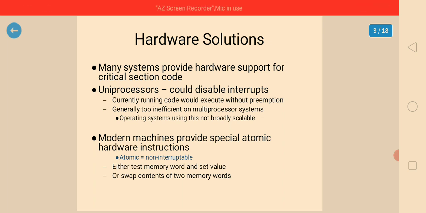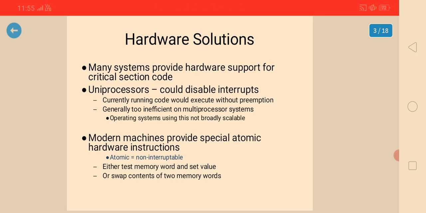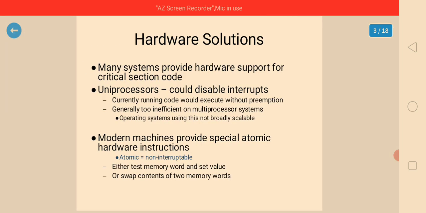The second one is that modern machines provide special atomic hardware instructions. Atomic means non-interruptible, that is, it is not going to be interrupted by any other process.